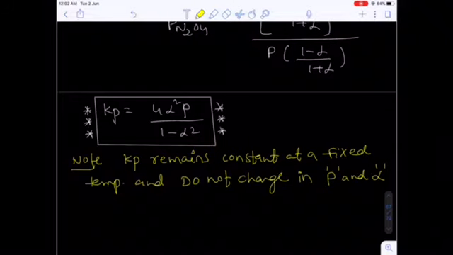If you change the pressure, if you change the degree of dissociation, the Kp value does not change.